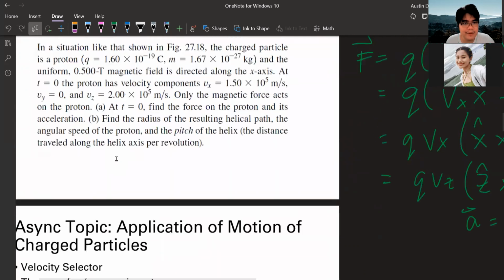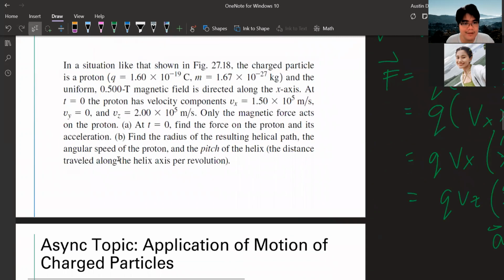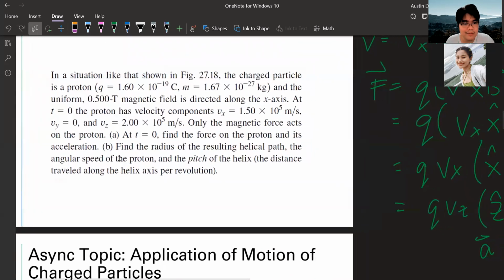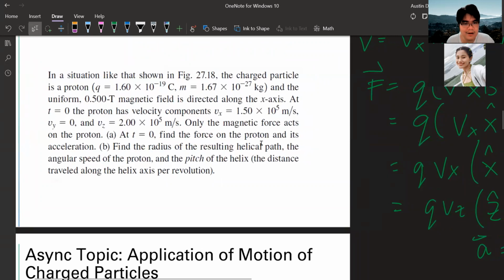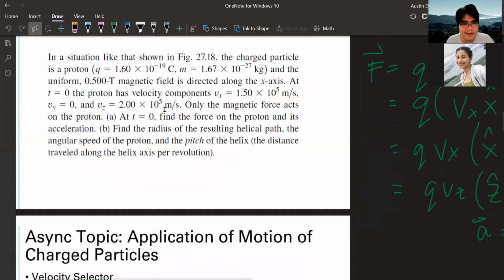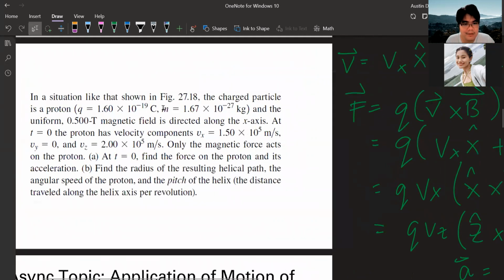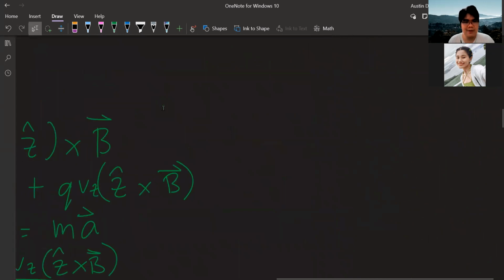Find the radius of the resulting helical path and the angular speed of the proton. Okay, so this is just R. Kuha natin si R. Just plug in what we get.